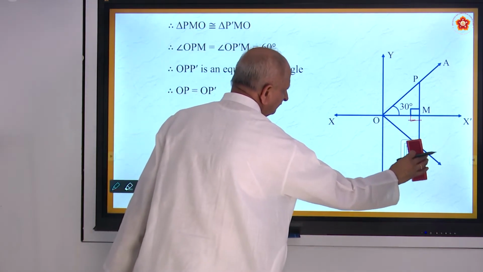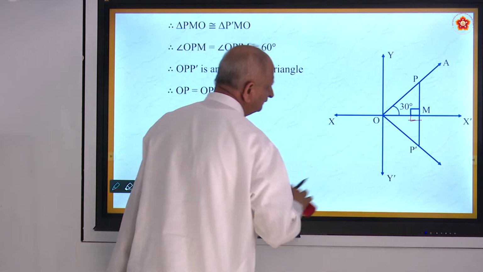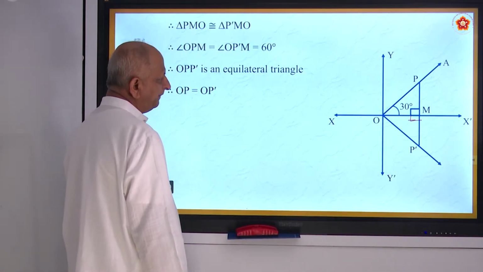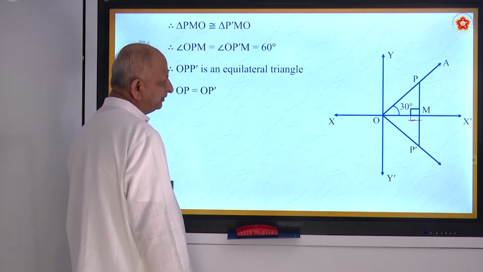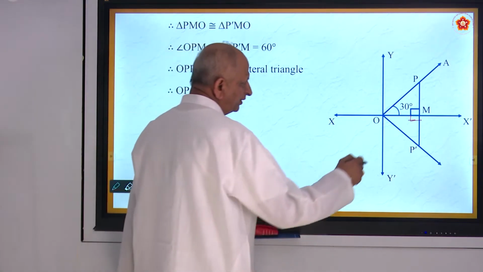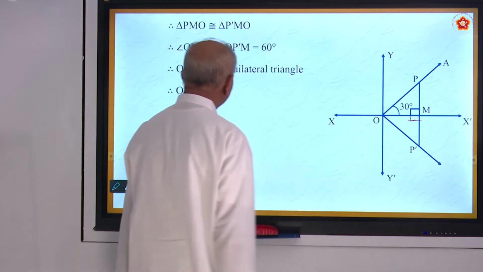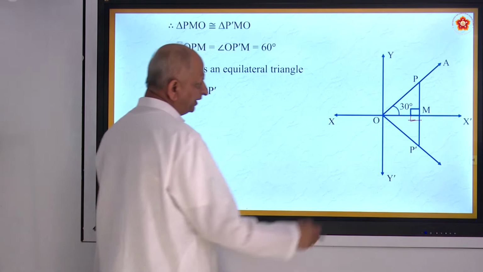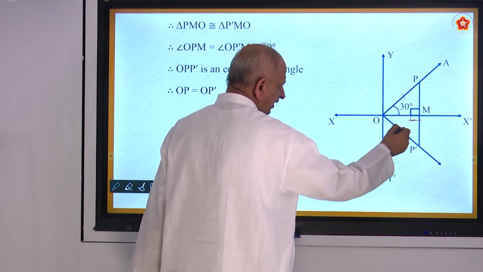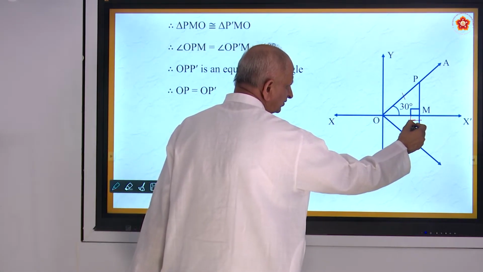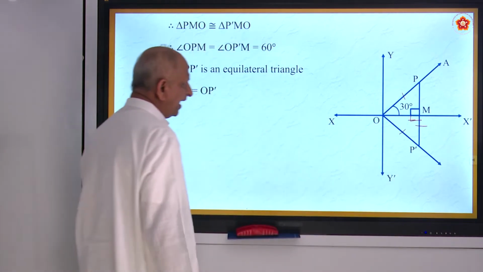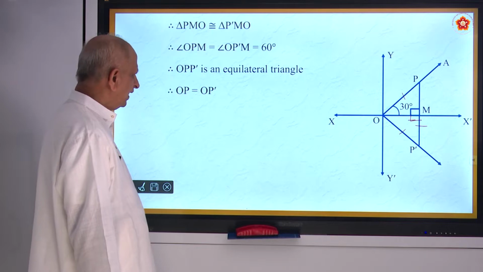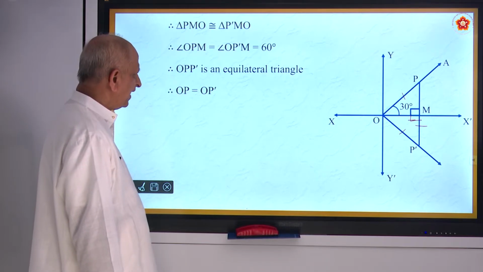And so now OPP dash is an equilateral triangle, means the three sides are equal. What are the three sides? One is OP, another is OP dash, third one is PP dash. So it is an equilateral triangle, and therefore OP is equal to OP dash.